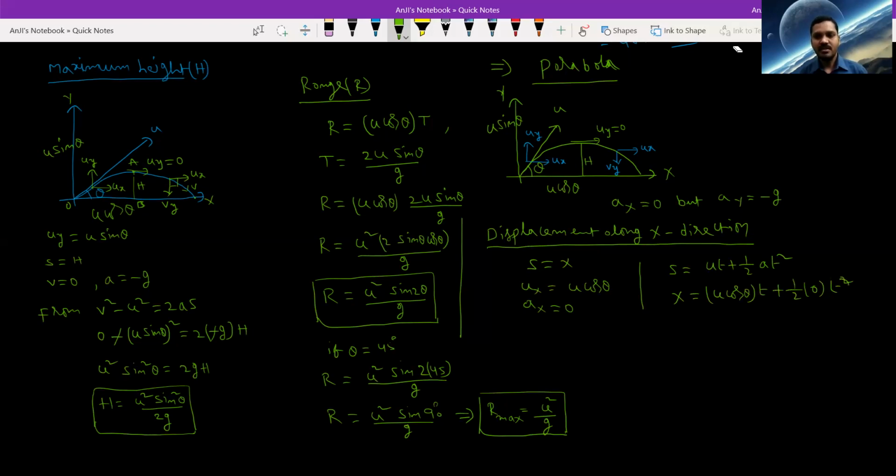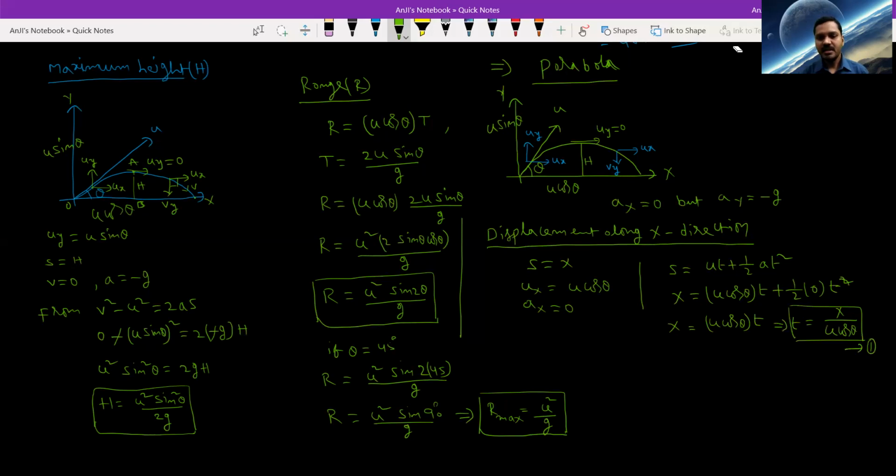So 0 into something is 0, this term is 0. Then displacement along x is equal to u cos theta into time taken t. So therefore, from this equation, time t is equal to x divided by u cos theta. I am calling this equation 1.